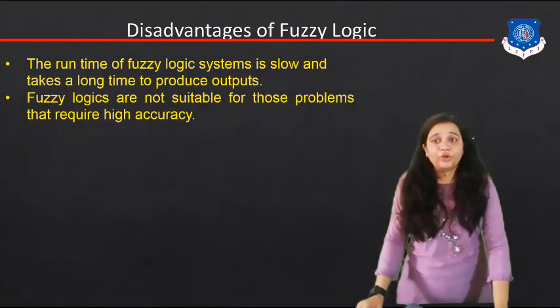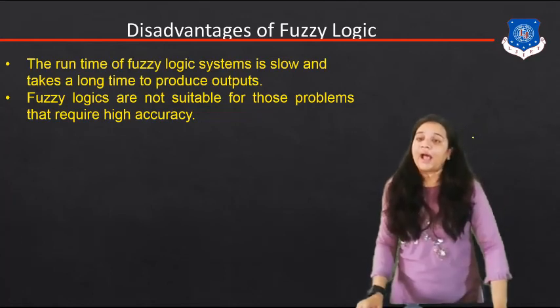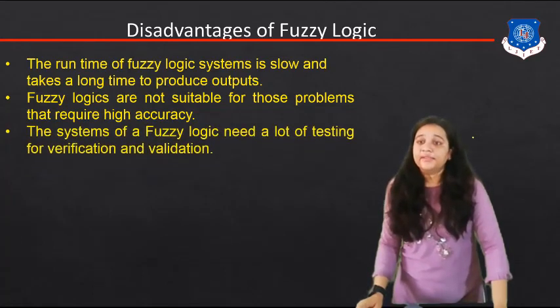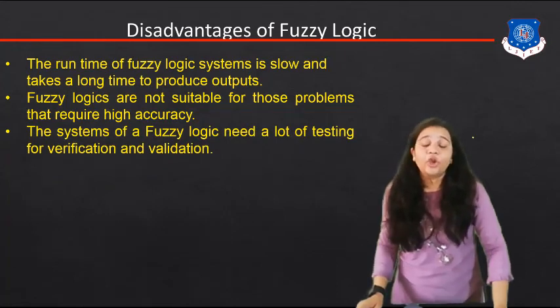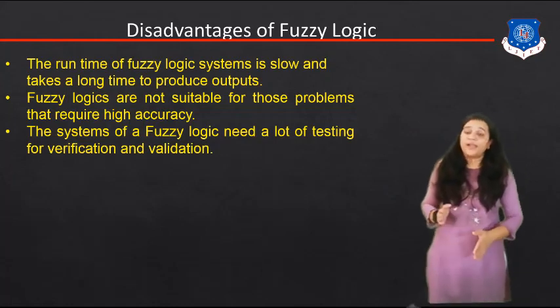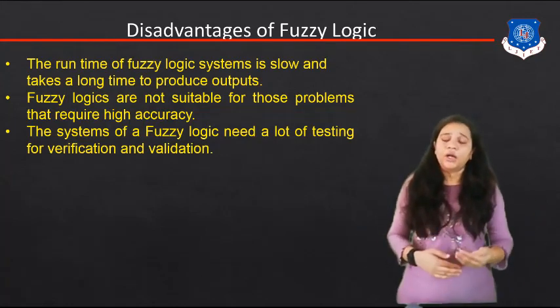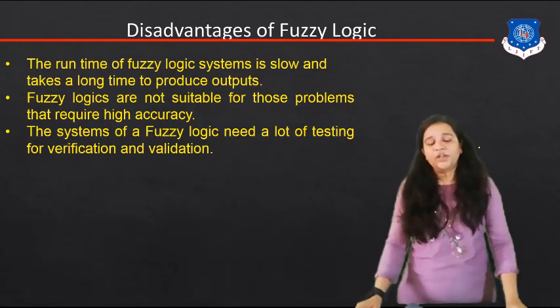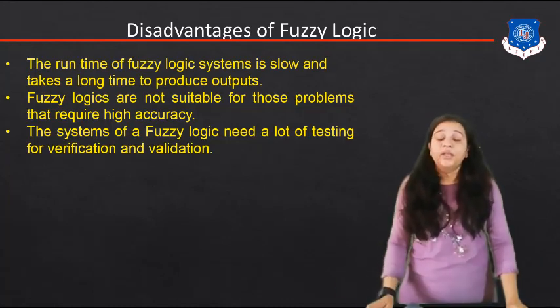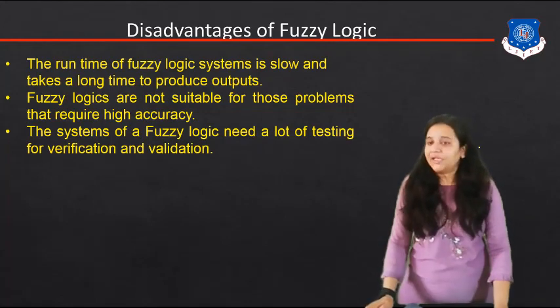Fuzzy logic is not suitable for those problems that require very high accuracy, and the fuzzy logic system needs a lot of testing for verification and validation, because we have to find the value between the true and false condition. So we need many rounds of testing for this particular system. Then we have to do the validation process and put in the verification process.